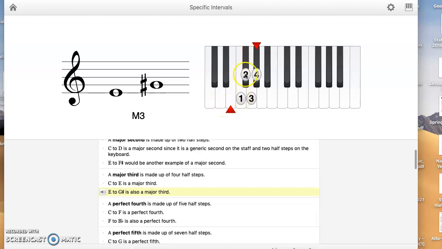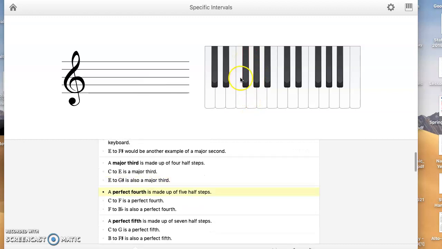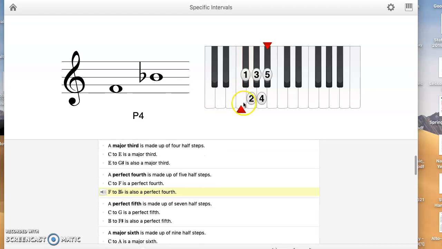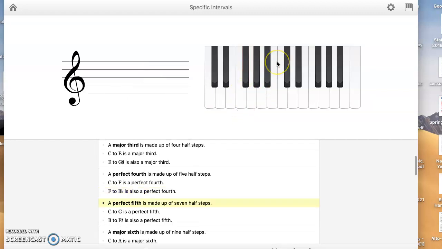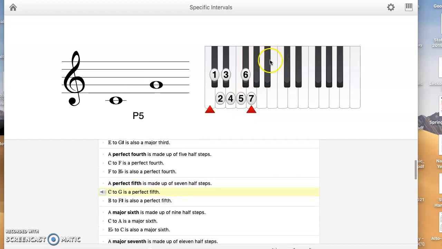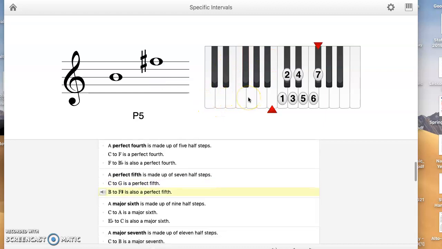1, 2, 3, 4. A perfect fourth is made up of 5 half steps. 1, 2, 3, 4, 5. A perfect fifth is made up of 7 half steps. 1, 2, 3, 4, 5, 6, 7.